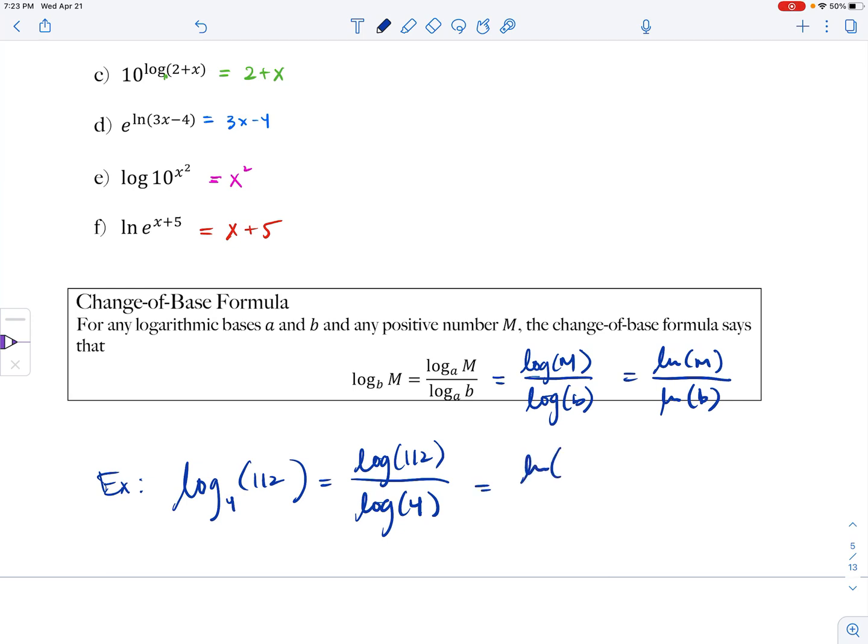Or you could use log base 2 of 112 over log base 2 of 4, just as long as that base matches. And the reason I am pointing out the change of base formula is because we will be using it in a derivation of derivatives for logarithmic functions.